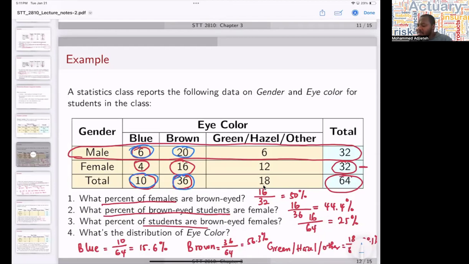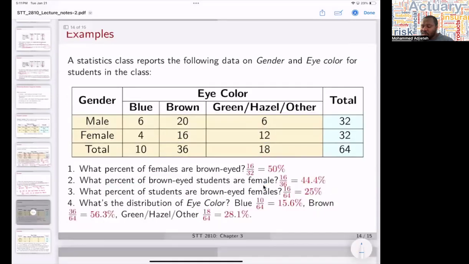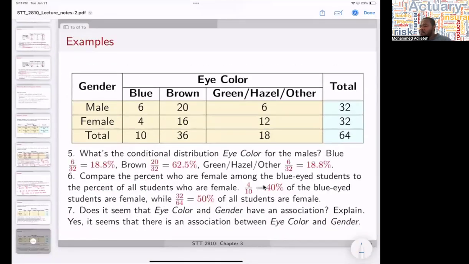We can also see that 6 out of the 18 people whose eye color are green, hazel, and others are male. And so when you find the ratios across this, 6 over 10, 20 over 36, 6 over 18, you can see that they are different. And so we can conclude that yes, there is an association between eye color and gender.